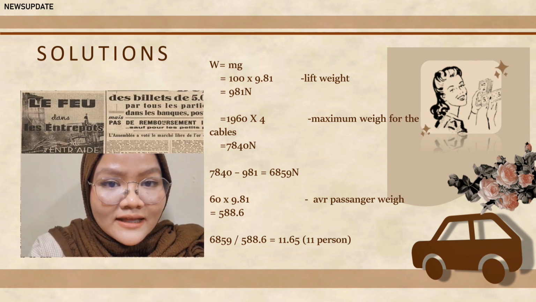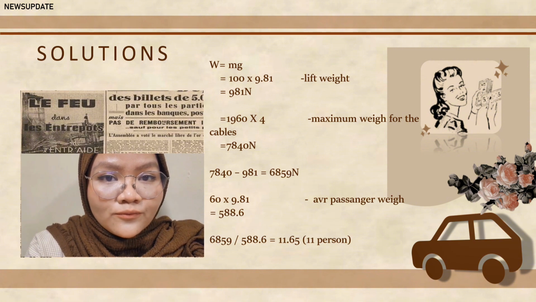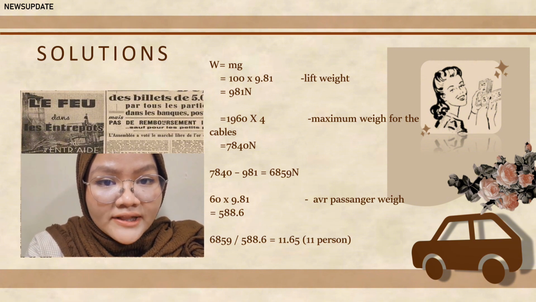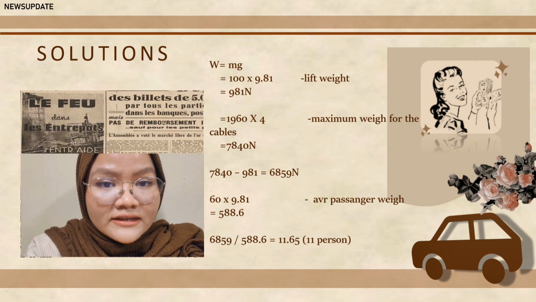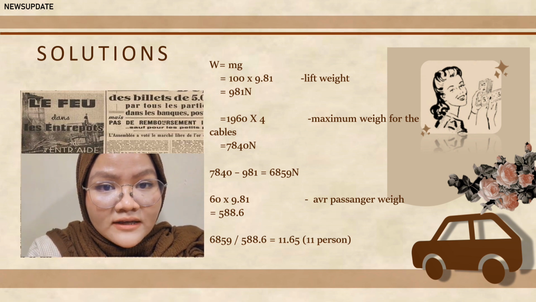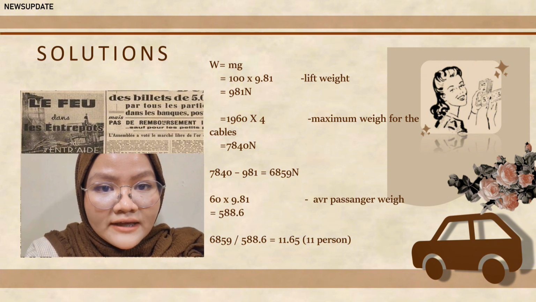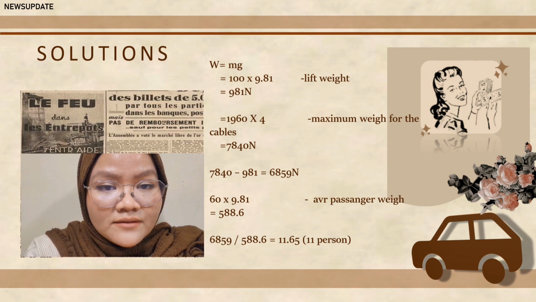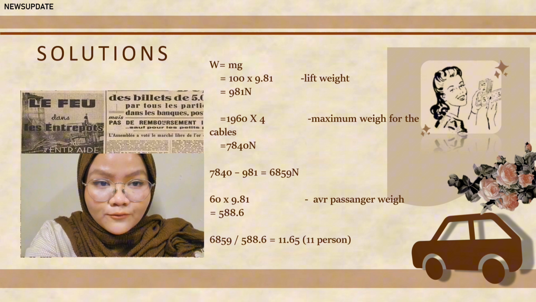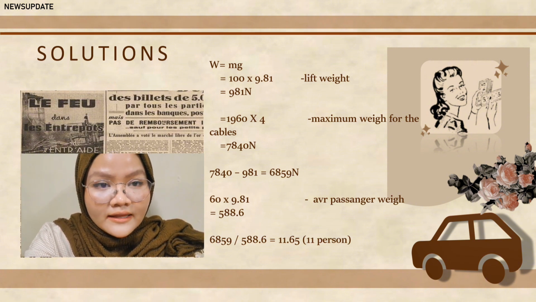Now 60 times 9.81 to find the weight of a passenger, and then we will get 588.6, and then we will divide 6859 by 588.6 to get the number of persons that we can put in the lift. So we will get 11.65, and then we will round it down to 11 because 0.65 isn't a person, and we have to ensure that the weight won't go over the limit.